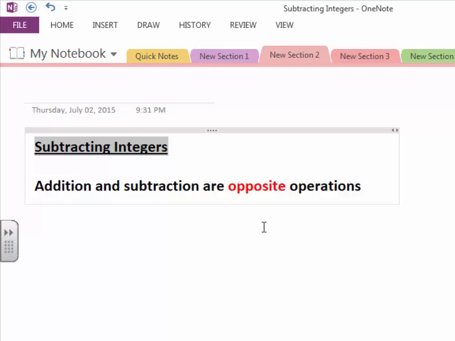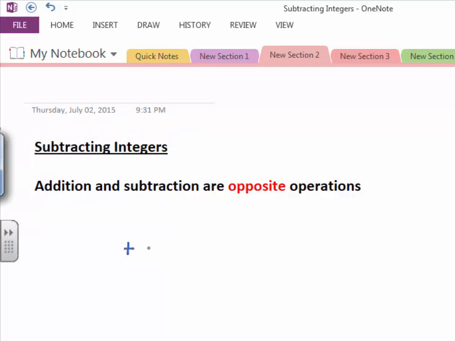What is the meaning of addition and subtraction being opposite? Let's say I am adding -1. If addition and subtraction are opposite, that means if I take the opposite of the addition, it has to be the subtraction.